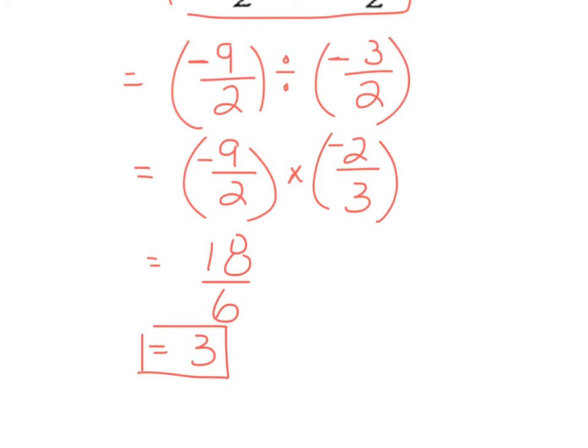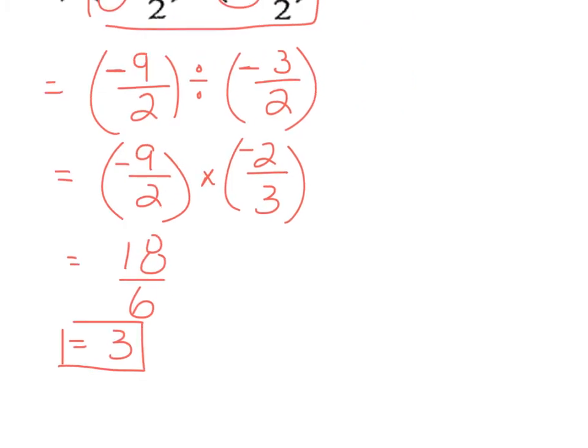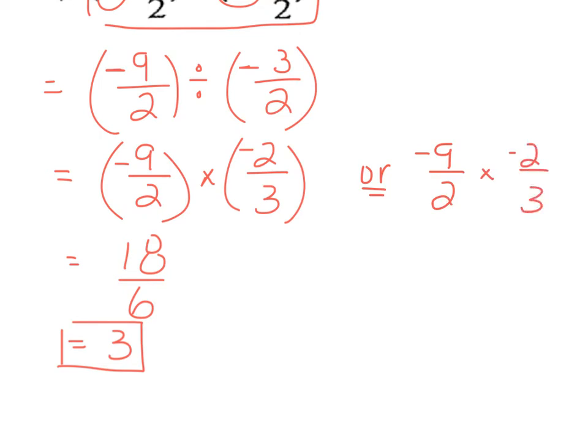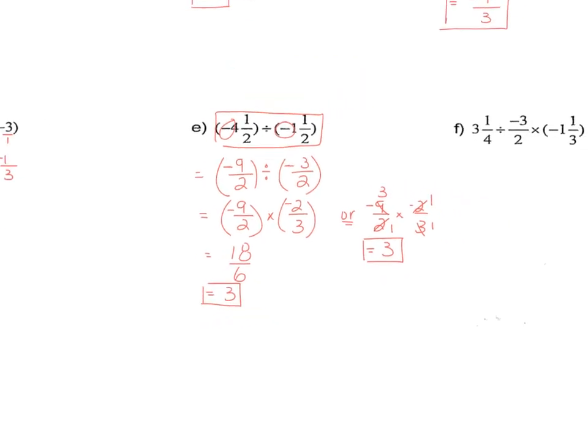If I did the reducing all up here, and I do negative 9 over 2 times negative 2 over 3, if you take a look, the 2 and the 2 reduce down to 1 and 1, and then my 9 and my 3 reduce down to 3 and 1. And you still get negative 3 times negative 1, which is going to be 3, and 1 times 1 is 1. So you still get the same answer. But whichever way you want to reduce, again, is fine.